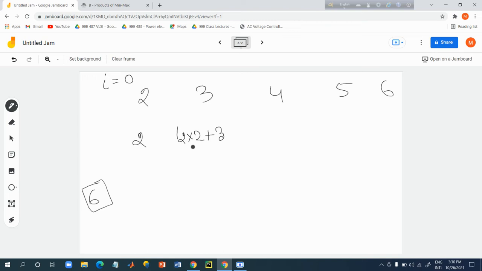So 3, right? Like this. Okay, so now when we move to the third element, the maximum value is now 4, and for 4 being the maximum value, there are two minimum values, which are 2 and 3, right?